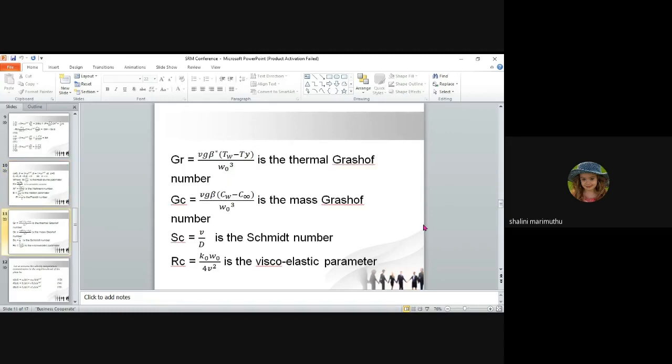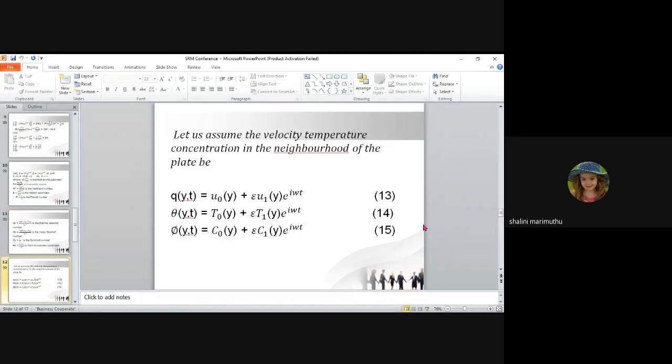Gr is the Grashof number, Sc is the Schmidt number, and Rc is the viscoelastic parameter which have been used here, sir. Now we are assuming the velocity, temperature and concentration equations to be equations 13, 14 and 15.